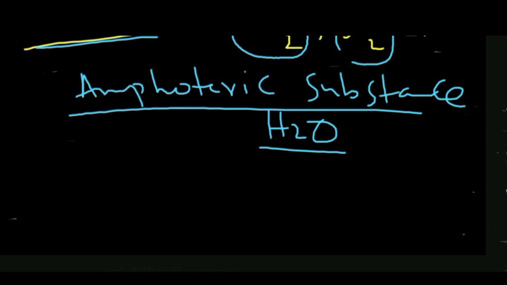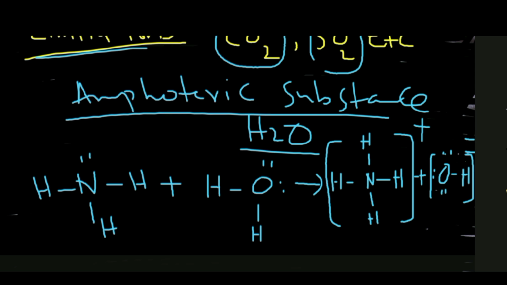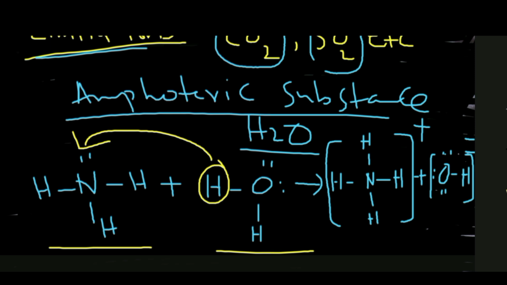For example, in the case of ammonia, NH3, this one is ammonia and this one is water. In this case, the water is donating a hydrogen ion to the ammonia. So here water is donating protons, which means water behaves as an acid, while ammonia is accepting this proton, so ammonia behaves as a base.